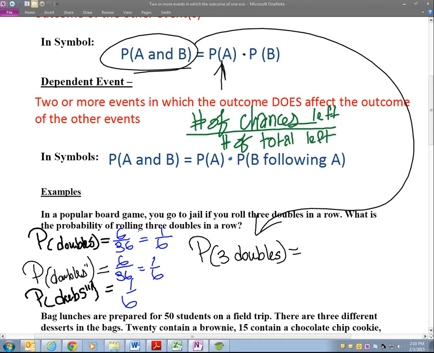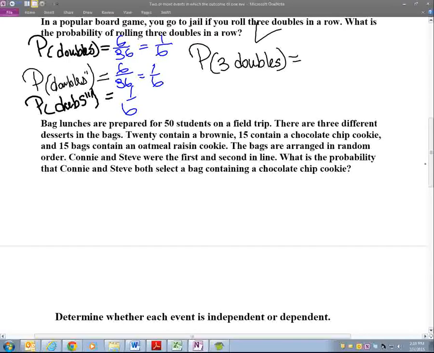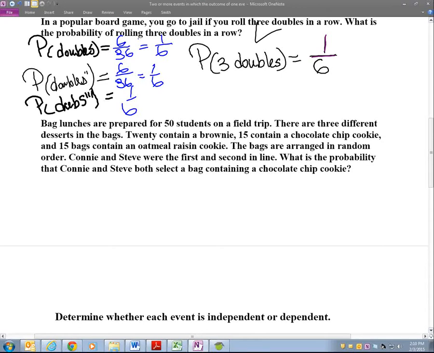Yeah, we have 3 events. What's the first event? Rolling a double, right? 1/6, and we multiply them together because that's what it says in the notes above. We got to multiply each of the probabilities together.